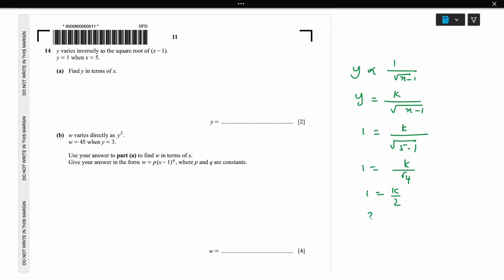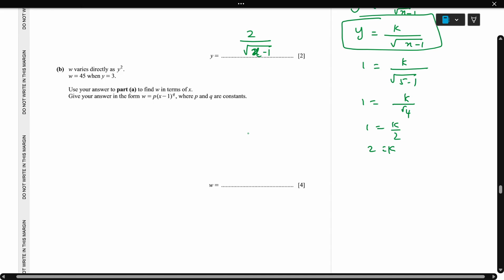So k equals 2. Just replace the k value here. We need to write y in terms of x, so y equals 2 over the square root of x minus 1 is the answer here.